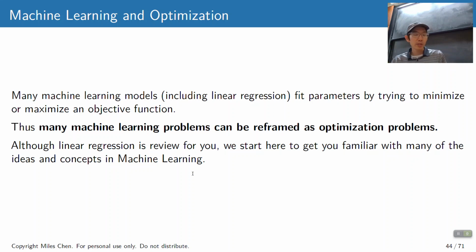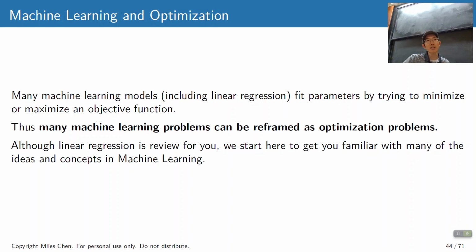Linear regression technically counts as a machine learning model, and a bunch of other machine learning models basically try to fit parameters by minimizing, or in some cases maximizing, some kind of objective function. So a lot of our machine learning problems can be reframed as optimization problems.